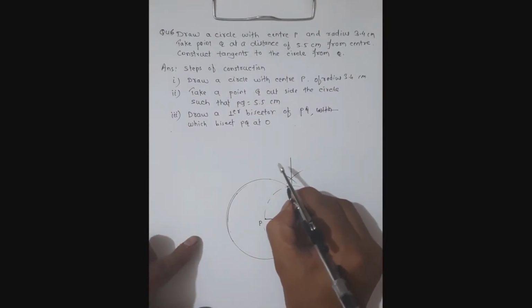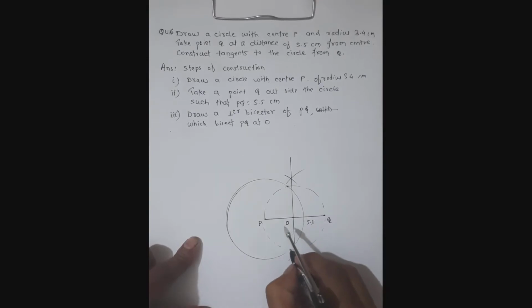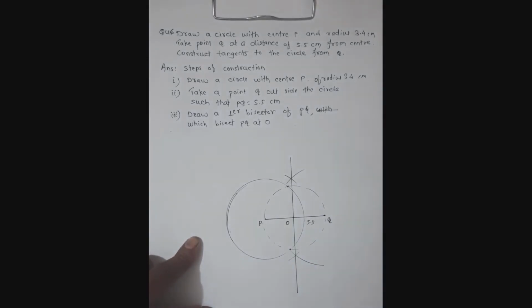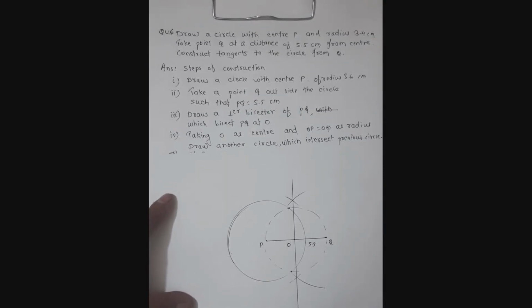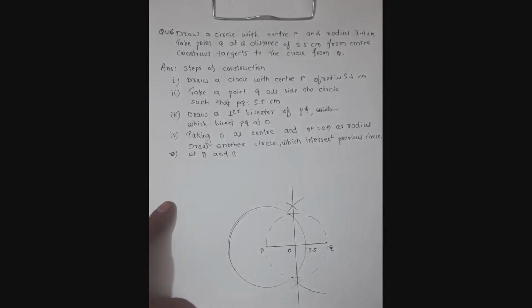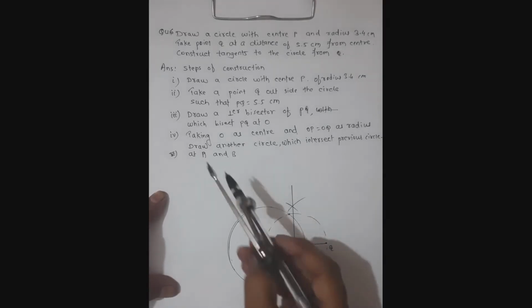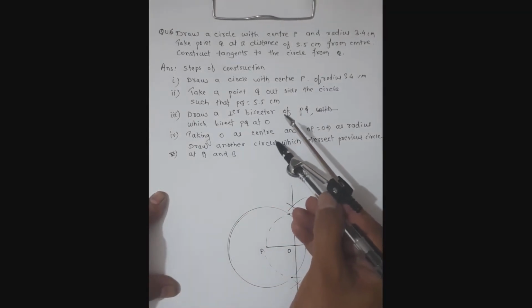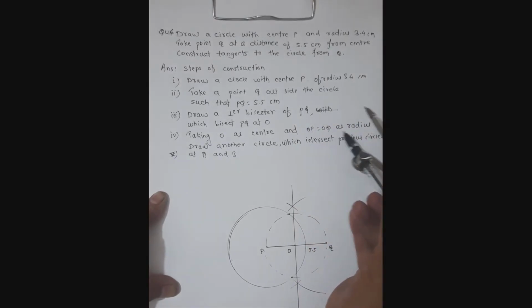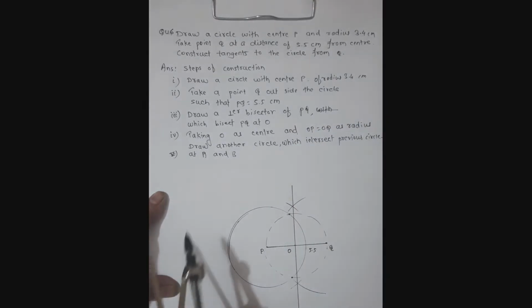So these are the 2 points where this circle of radius OP equals OQ intersects. So we write in step 4, take O as center and OP equals OQ as a radius.